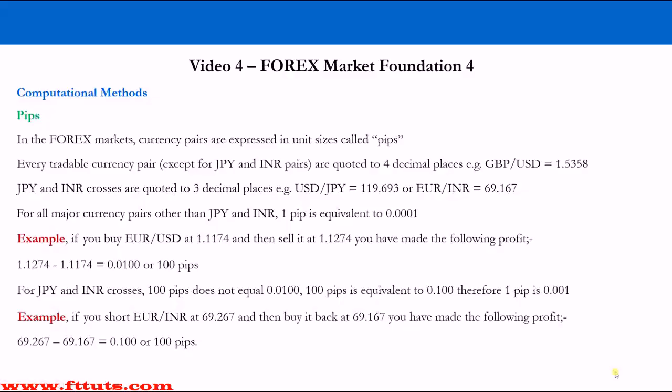Now it's important to appreciate and understand pips and pip values because when you're sitting at your computer screen and you're on your retail Forex broker platform, your trading platform, you're going to see everything expressed in terms of the left to right convention and expressed in unit sizes of pips.